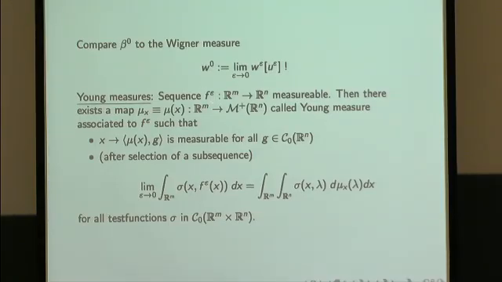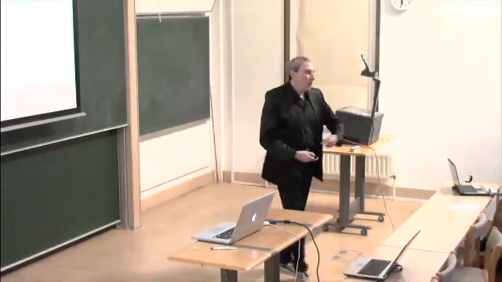If you are given a sequence of measurable functions, say measurable vector fields f epsilon defined on R^m with values in R^n, then there exists a map, mu sub x, which is called the Young measure associated to f epsilon, such that first of all the Young measure is weakly measurable in this sense here, and then this is the most important point, you can use the Young measure to compute weak limits of nonlinear functions of the sequence by just integrating the nonlinearity against the Young measure.